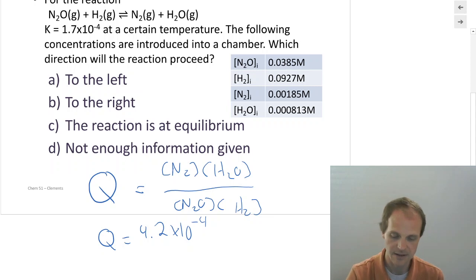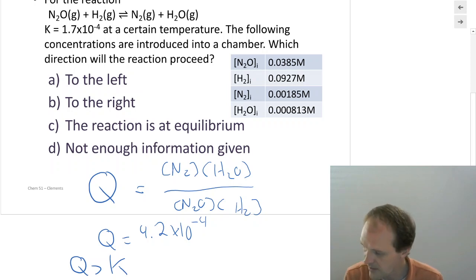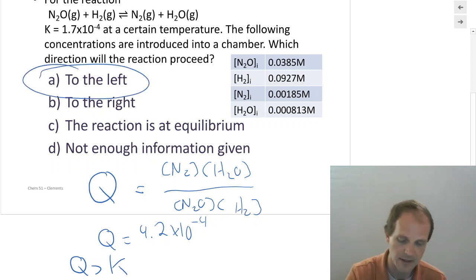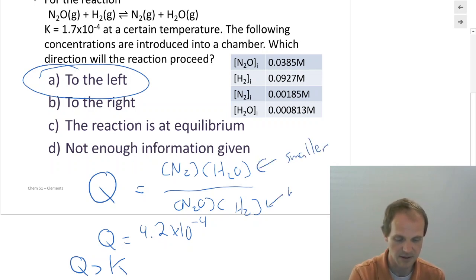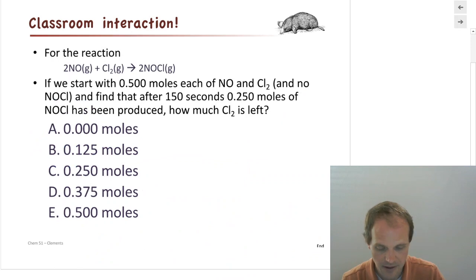Right? So that is Q is greater than K. It's slightly greater than K. It's not hugely greater than K, but what does that mean? Right? The reaction has to get smaller over time. This has to get smaller. This has to get bigger in order for Q to become K, which is its ultimate goal. Q will always become K given enough time to obtain equilibrium. So this reaction will go to the left.